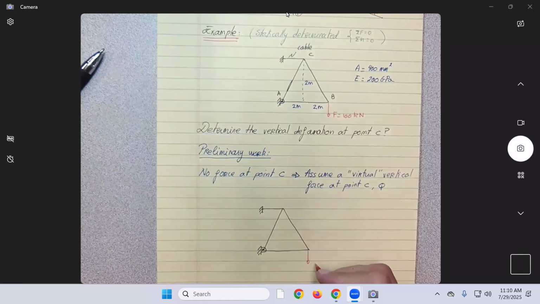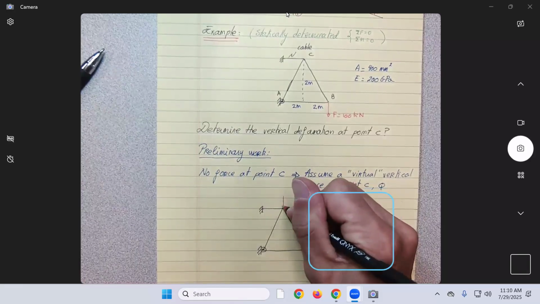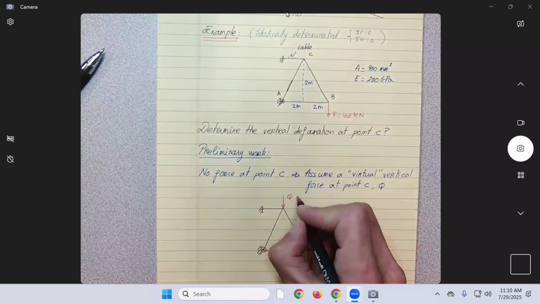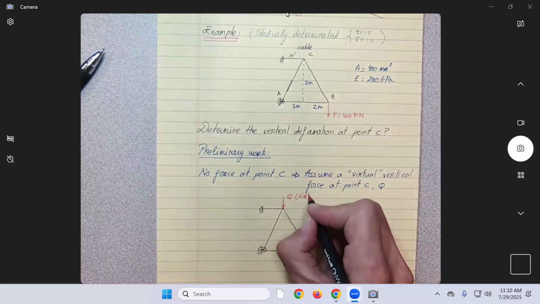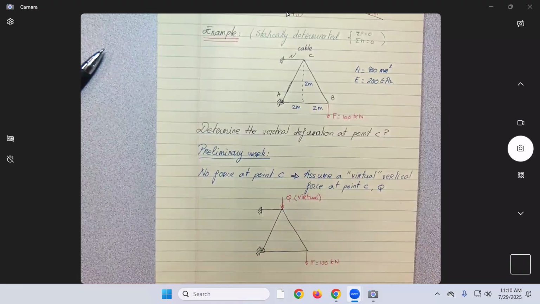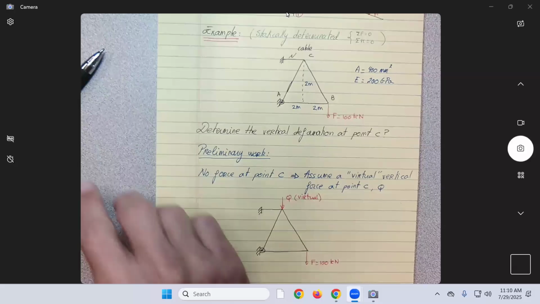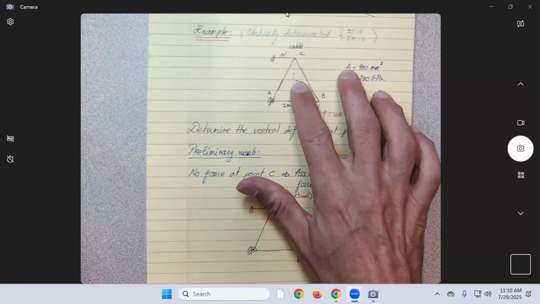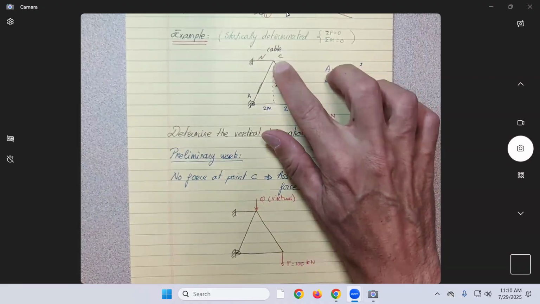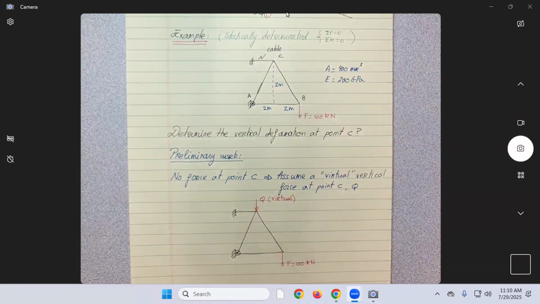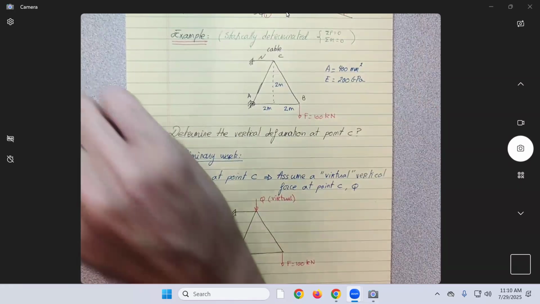We're going to have here F equal to 100 kilonewtons. We're going to have here the Q force. This is the virtual force. Initially we had this problem to solve, but since we want to find the deformation at point C, we need to add the force Q over here.